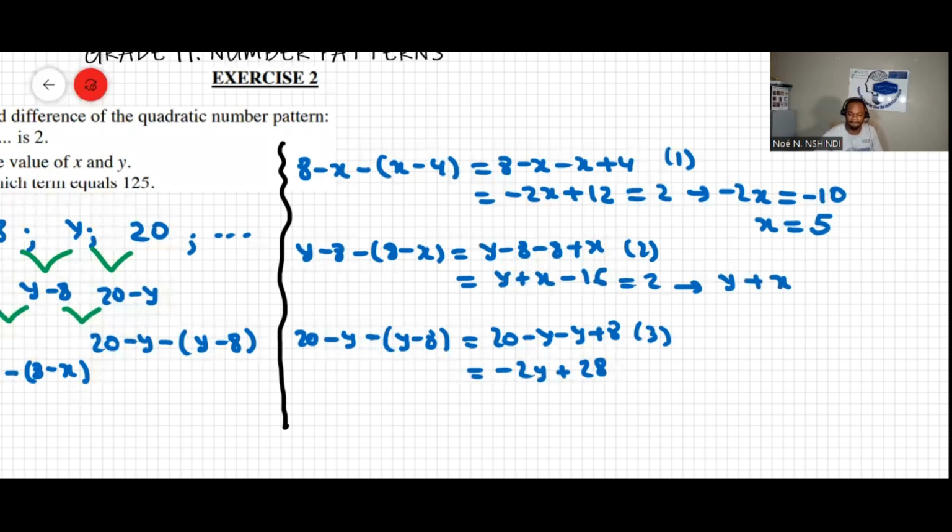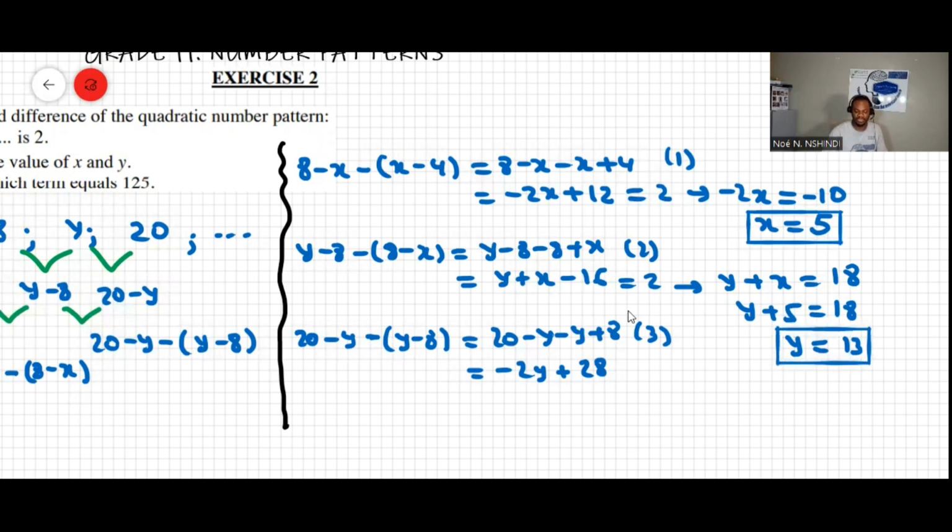If I move the 16 over, it's going to be 18, so y plus 5 equals 18. Minusing by 5 both sides, y is equal to 13. We got x equal to 5 and y equal to 13.